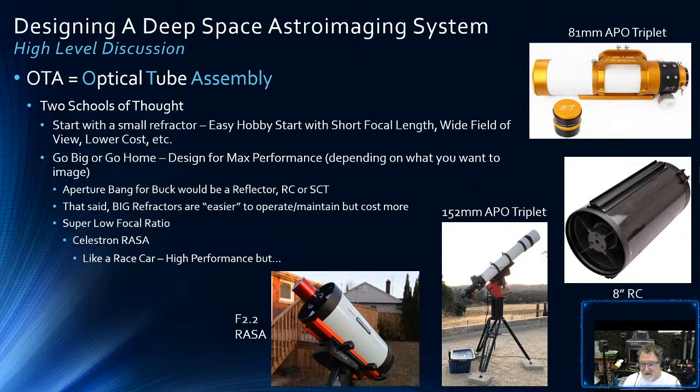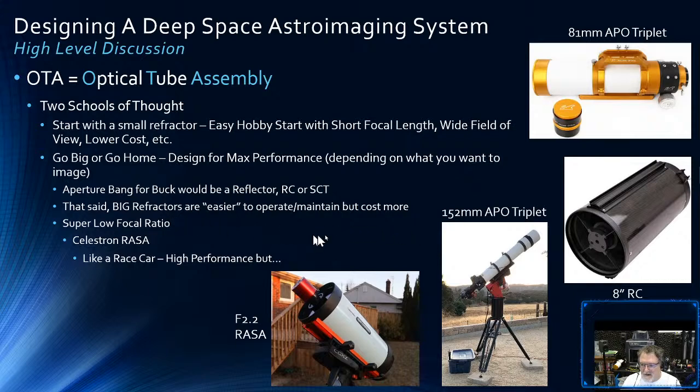If you don't like diffraction spikes, then you get a big refractor. So Bruce, this is actually a picture of Bruce. Let me put my mouse on the right screen so you can see it here. This is actually a picture of one of Bruce's rigs, which is pretty much the biggest amateur refractor, right? A 152-inch triplet.